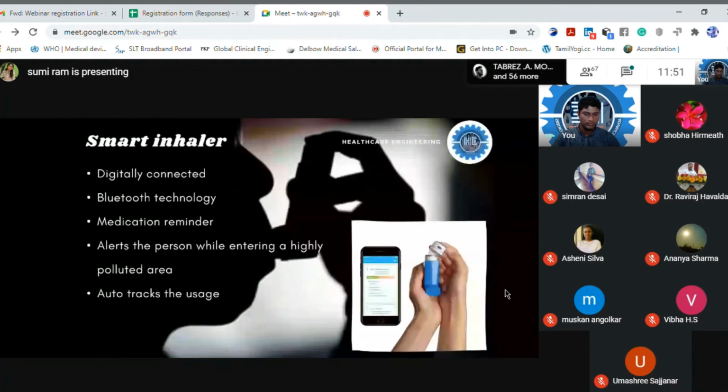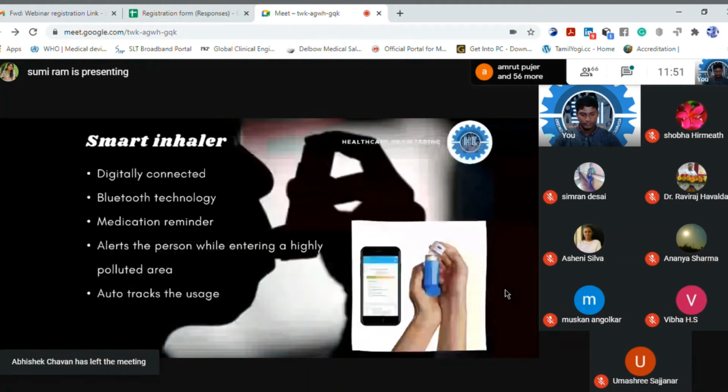So, the next device is the smart inhaler. Smart inhalers are an advanced form of inhalers that are digitally connected to an app. They help physicians to manage patients' conditions more effectively. These smart inhalers use Bluetooth technology and they also remind patients to take their medication on time.